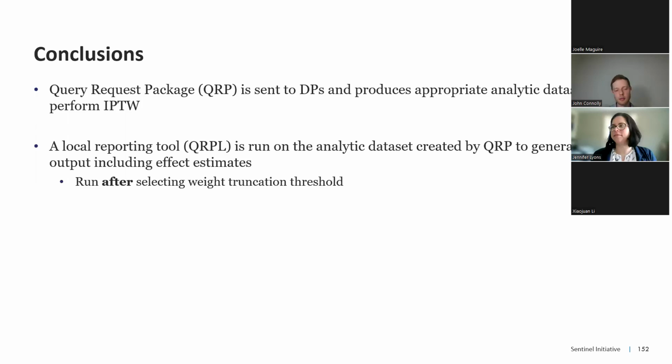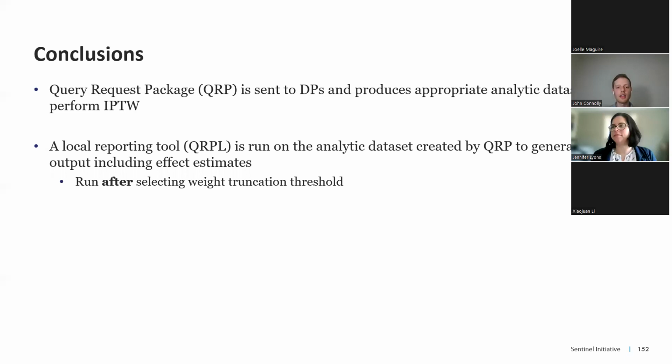And then there's a second component, which is run locally at SOC when we do it as part of a Sentinel query, the local reporting tool, or QRPL. This takes that analytic data set that QRP makes and then allows us to generate all the output, including tables and final effect estimates.